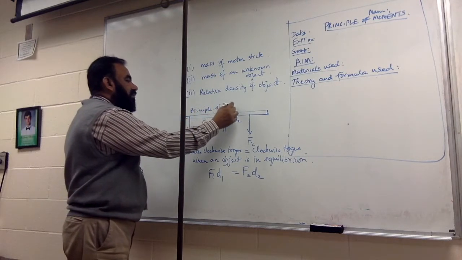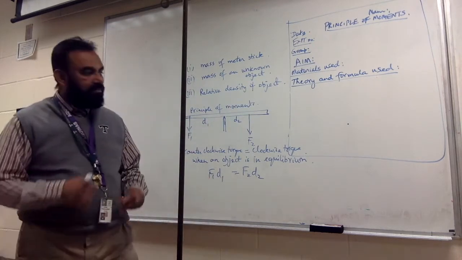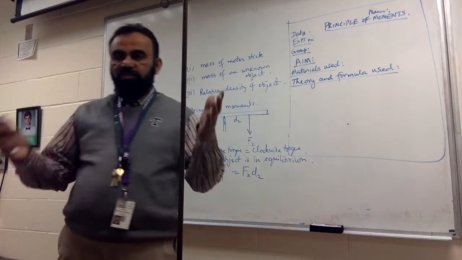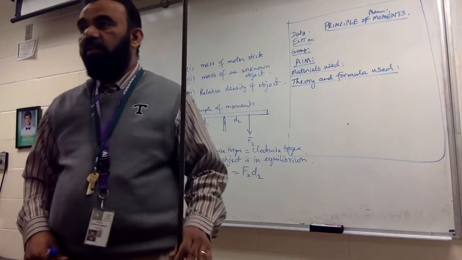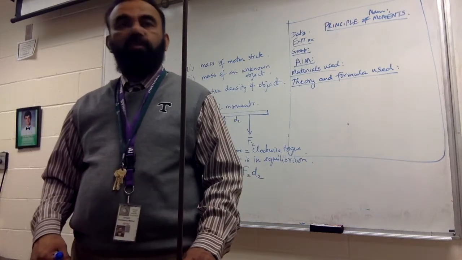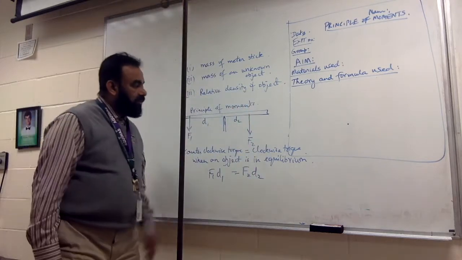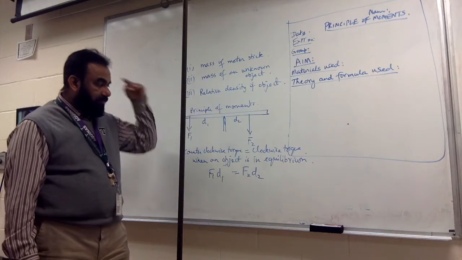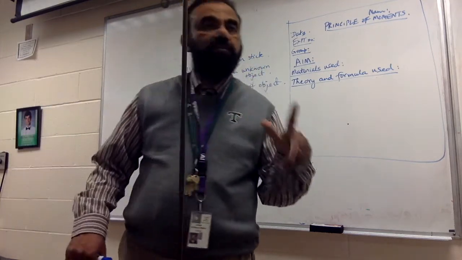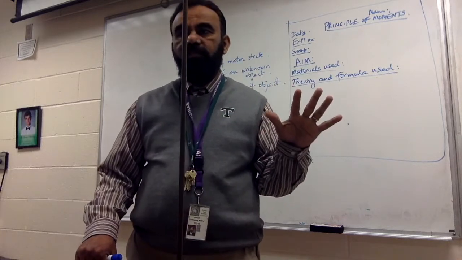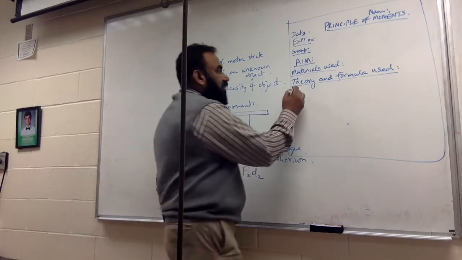You're trying to understand how the principle works. When something is balanced, the total moment should be zero. The torque should be zero. This is what you need to write for the theory and formula used. Any questions about it so far? Okay? Clear? Good. Now what comes after the theory and formula is the procedure.